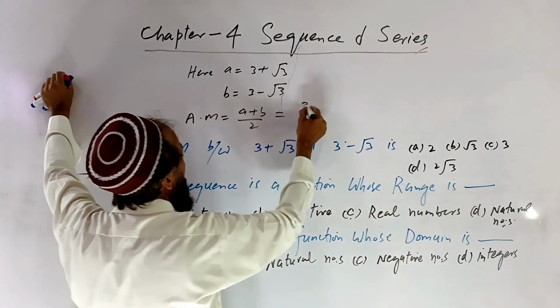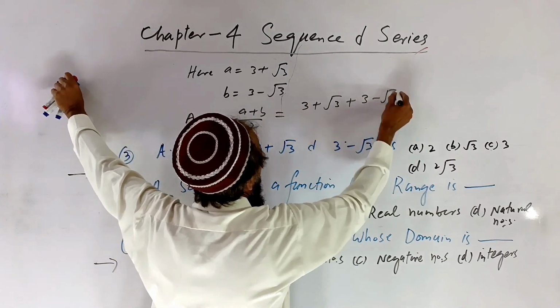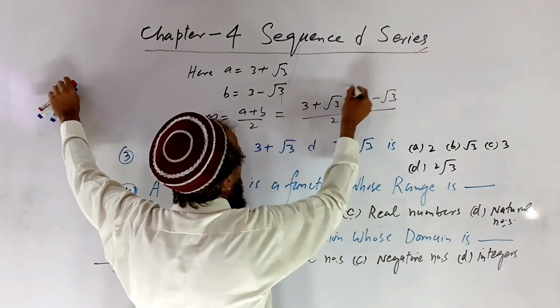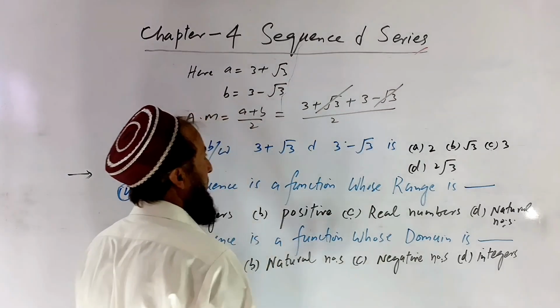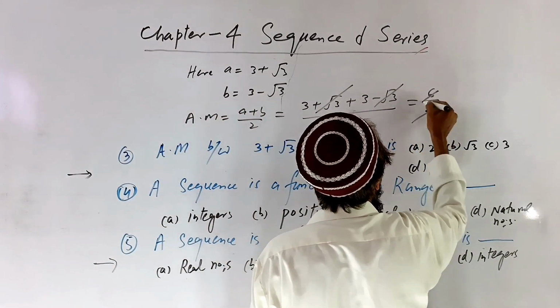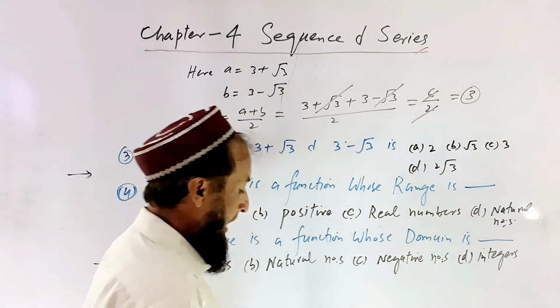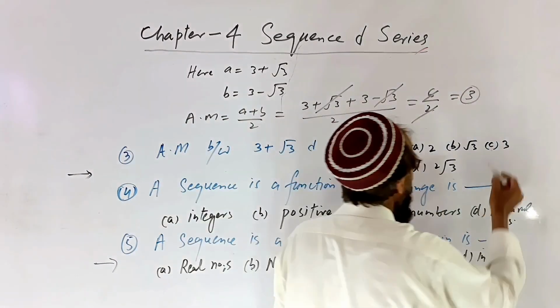If we add these two terms, this term and this term are cancelled. We get 3 plus 3, 6, and we will get here 3. 3 is the correct answer, and here option C is the correct option.